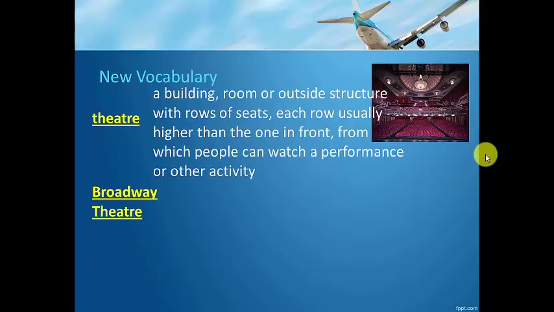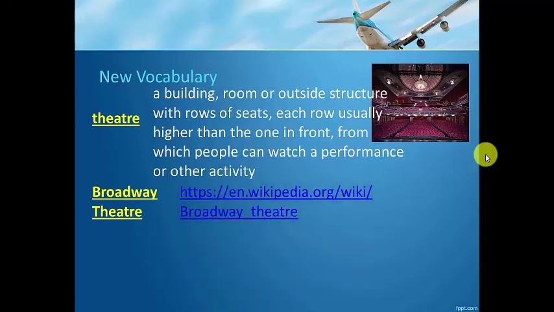And we have an example of theaters, Broadway theater in America, in New York City. And this is a link if you want to know more information about Broadway theater in America.